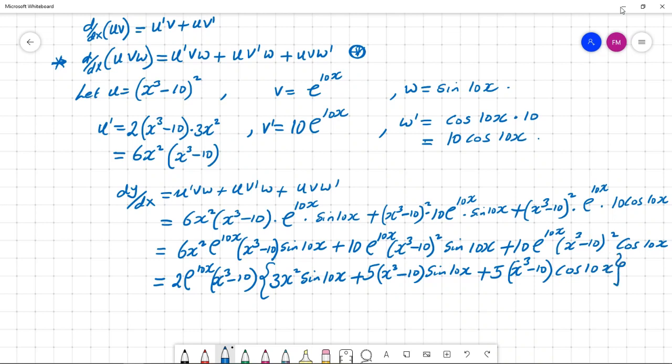Close the brackets. I think that is as far as we can simplify this expression, and therefore this becomes our final answer.